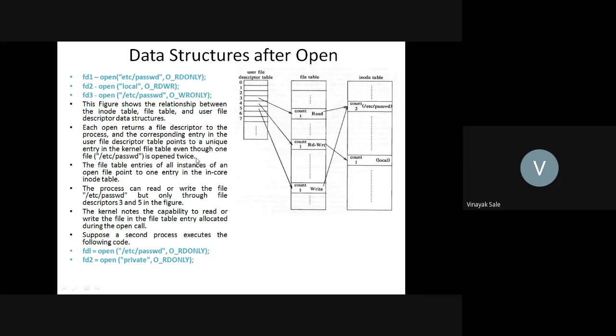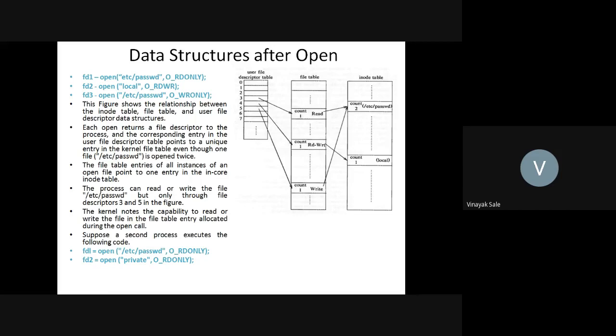The table entries of all instances of an open file point to one entry in the in-core inode table. The process can read or write the file only through descriptors 3 and 5. So the same file is opened at descriptor table location number 3 and location number 5.